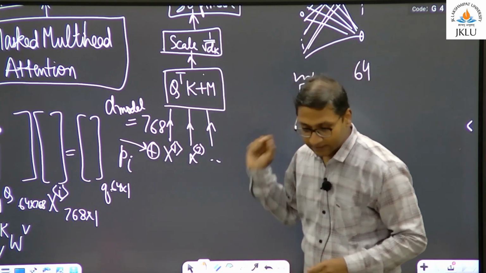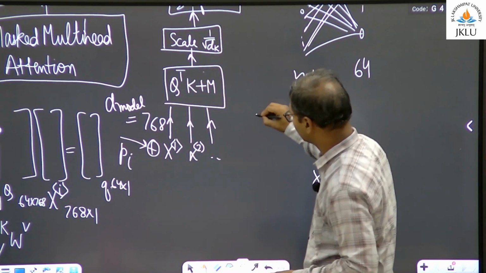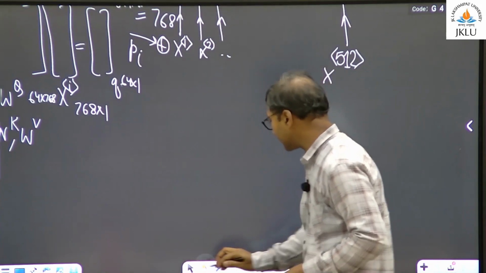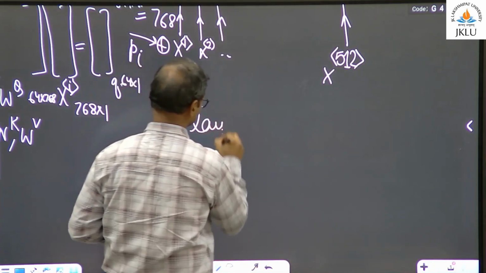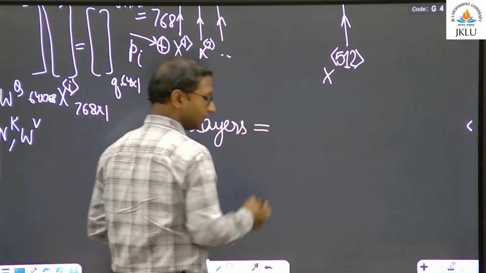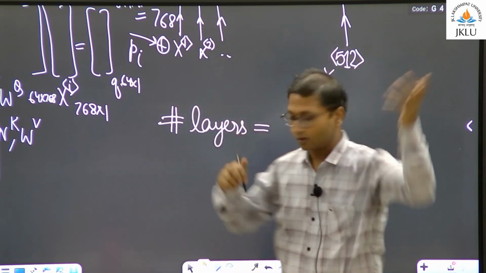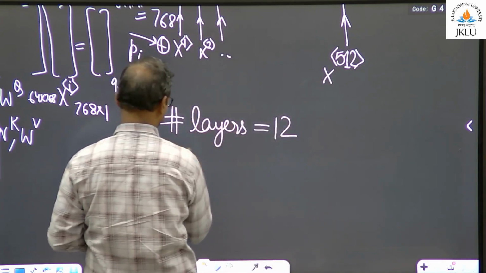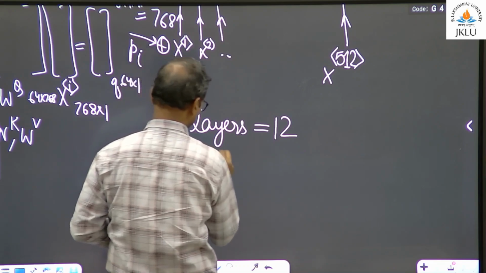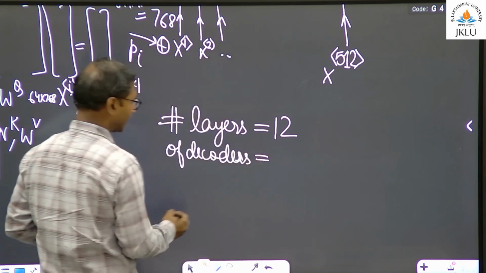Now, how many such layers are there? How many layers are there in GPT-1? How many layers means how many decoders stacked over each other? 12. So basically the number of layers of decoders. What else?